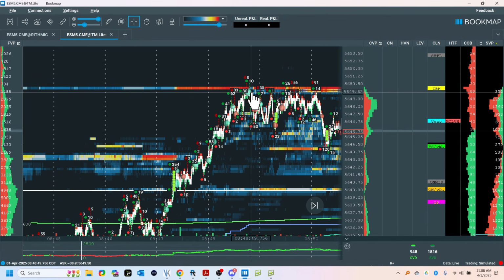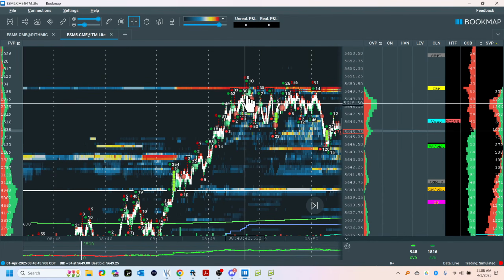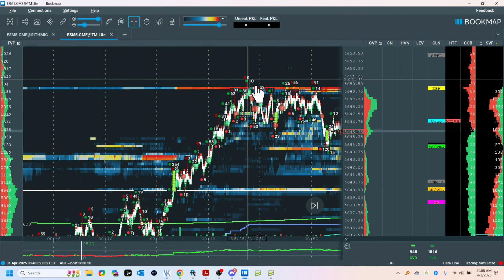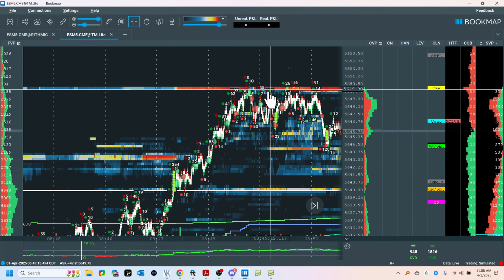They show up as an aggressor. So delta in a vacuum is not something you can depend on because you don't know what's creating the aggressor. It's just another piece. 10 buy stops. I'm going higher and I got less. 7. 1. Isn't that divergence?